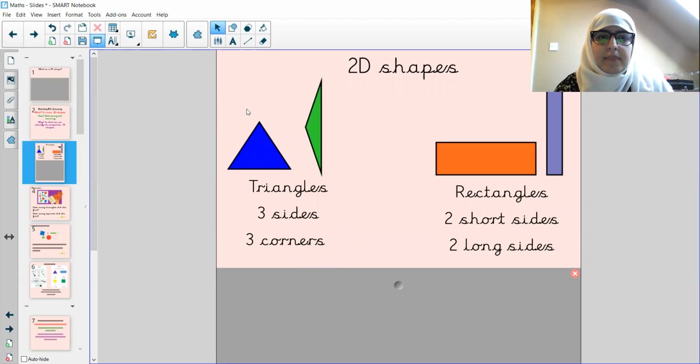So let's start looking at some of the 2D shapes for today. I've got my mouse here and I've been looking at the shape triangles. My turn, triangle, your turn. Fantastic. Now you can see two representations of a triangle. Have a little chat with someone next to you: are they the same or are they different?